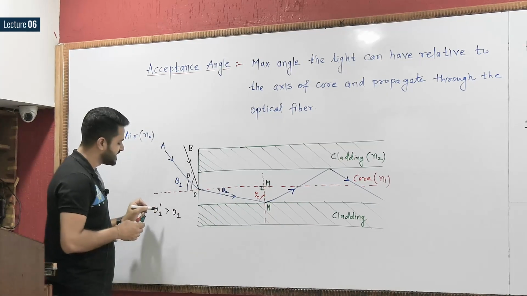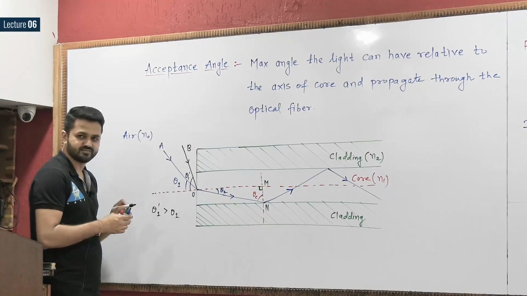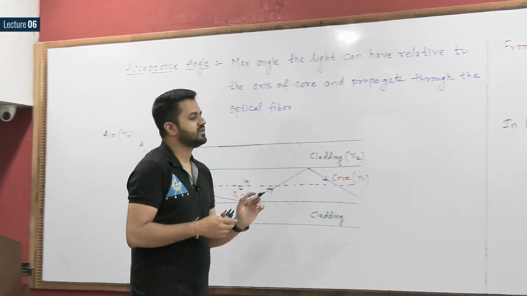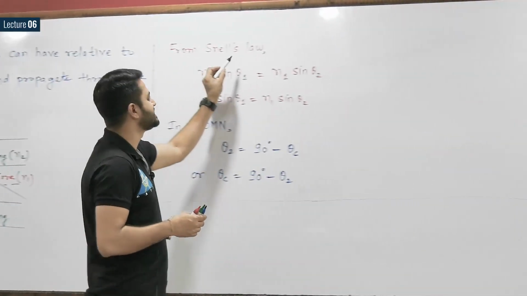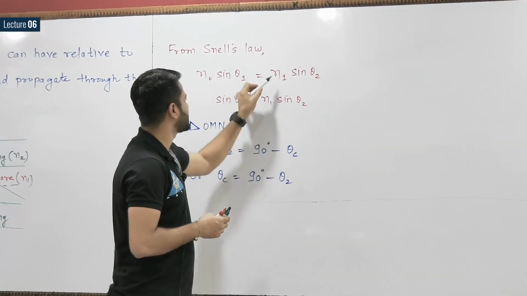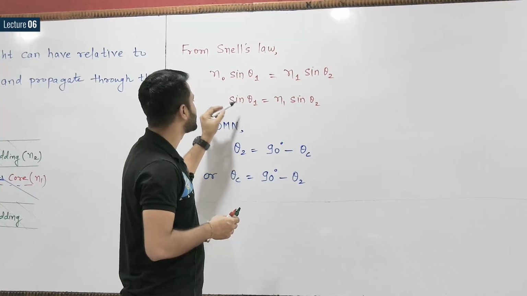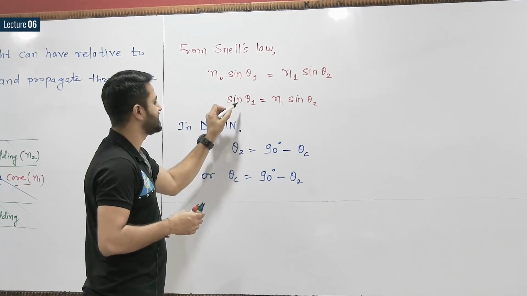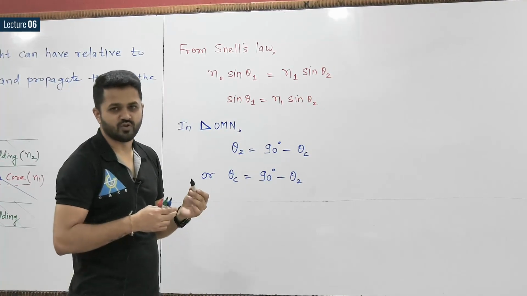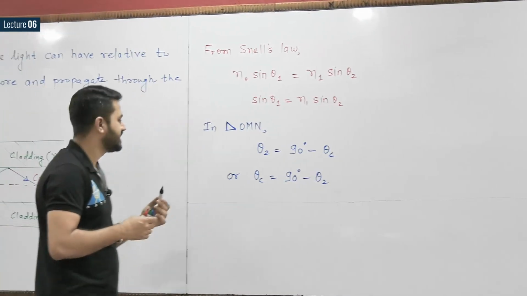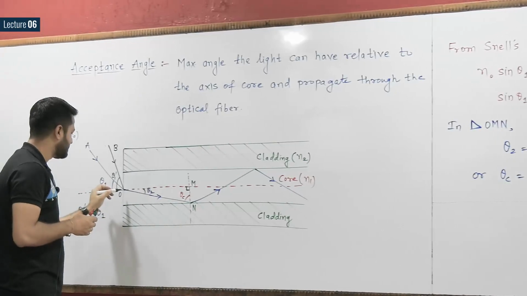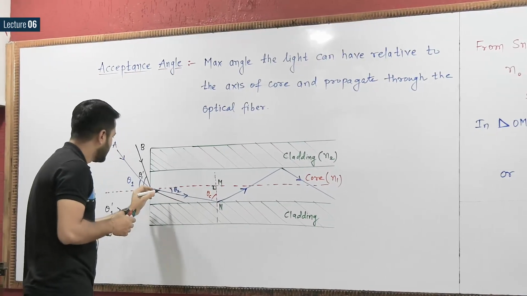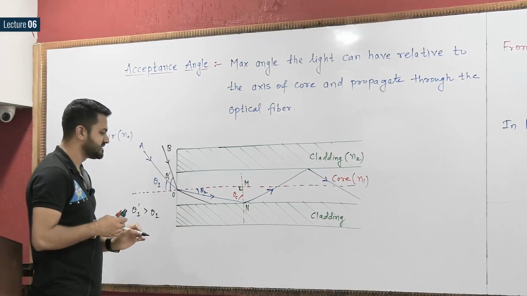So the angle of incidence is now greater than theta 1. Now what will happen? As we know from Snell's law, because the refractive index is fixed, if you increase theta 1, theta 2 also increases. Okay, so theta 2 also increases, that means it will travel like this, that is theta 2 has already increased.